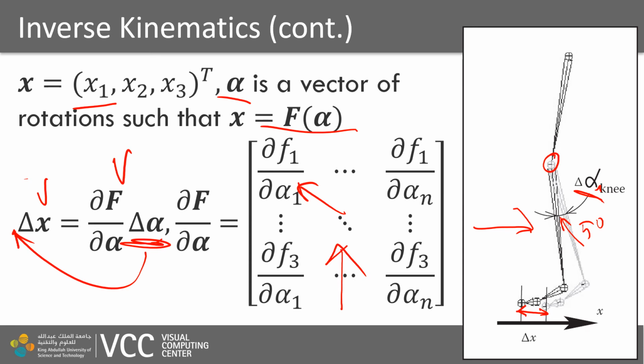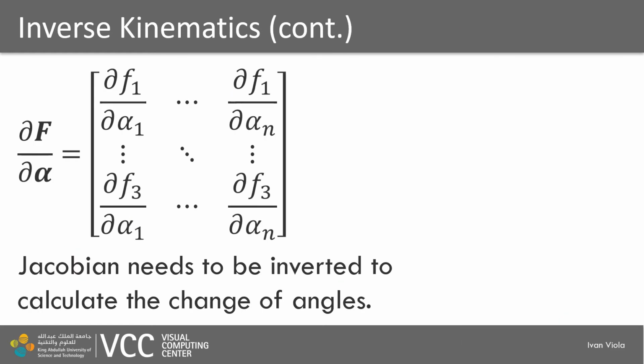And in order to find out, what can we do? Here is a vector which we don't know, and here is a matrix. How can we calculate this unknown vector? Well, we can bring the matrix to the other side by inverting it. So here we have our Jacobian matrix, and we need to invert it.